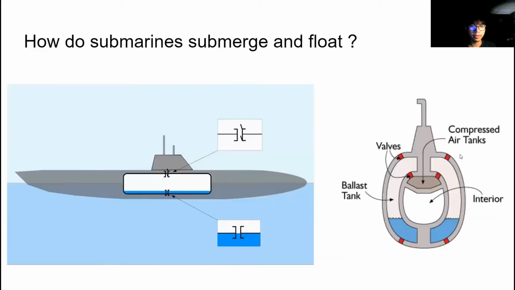So the main topic today is how do submarines submerge and float? So let's take a good look. In order for the submarine to submerge, the top valves will be opened.